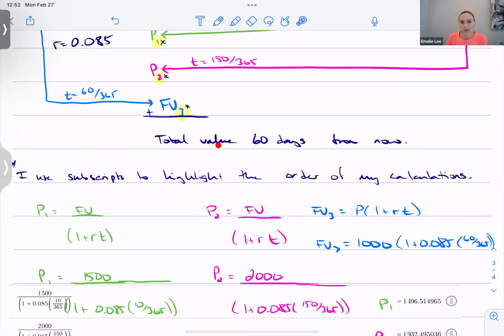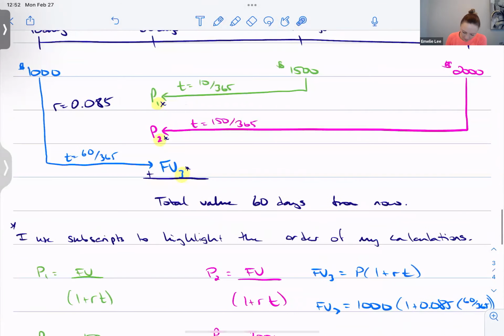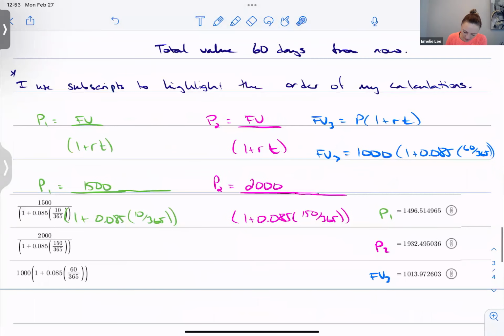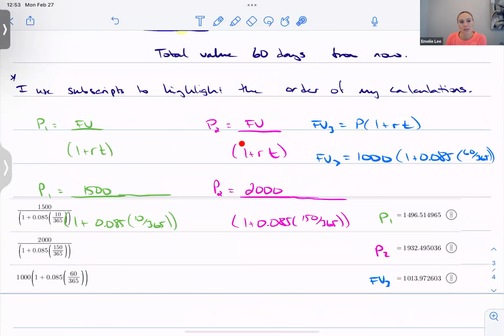So the total value, or the fair market price, or the fair market value, right, is P1 plus P2 plus future value 3.